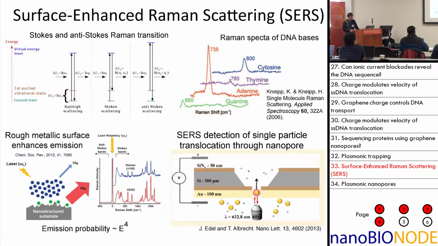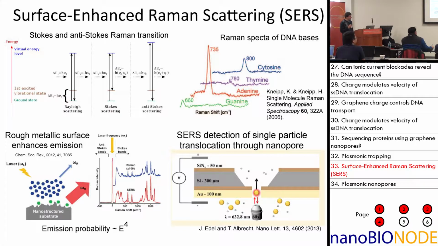And the final piece of information is this paper published in 2013. I believe that was the first one to demonstrate a combination of a nanopore with Raman detection of nanoparticle transport. This particular measurement was by Joshua et al. and Tim Unblack from Imperial College in London.